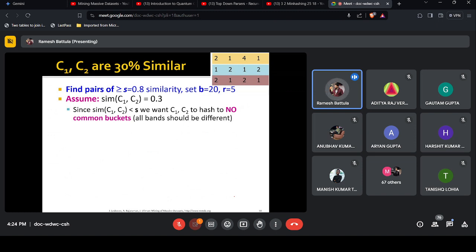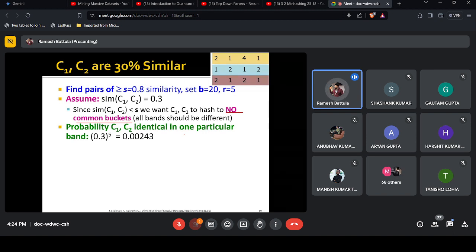If 30% similarity is there, then you need to assume sim(C1, C2) is equal to 0.3. Since the similarity of C1, C2 is less than S, we want C1, C2 to hash to no common buckets. Means the total common bucket mapping depends on your similarity S value.